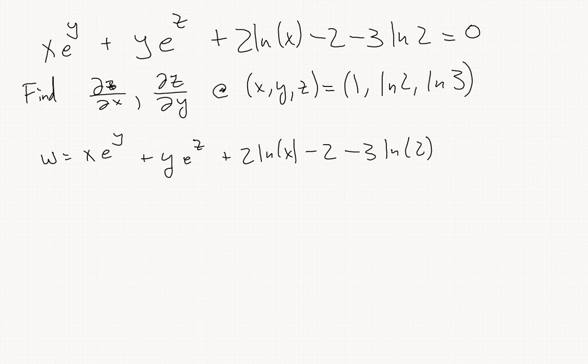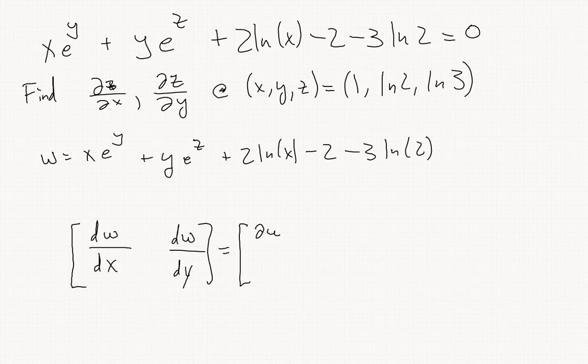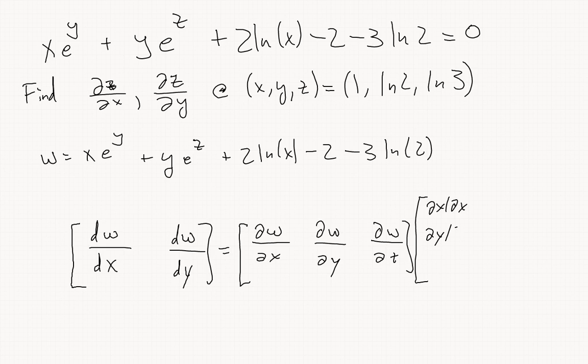So the chain rule is going to tell us, this will look kind of weird, but dw over dx, dw over dy will be equal to del w over del x, del w over del y, del w over del z, times the matrix del x by del x, del y by del x, del z by del x, and del x by del y, del y by del y, del z by del y.